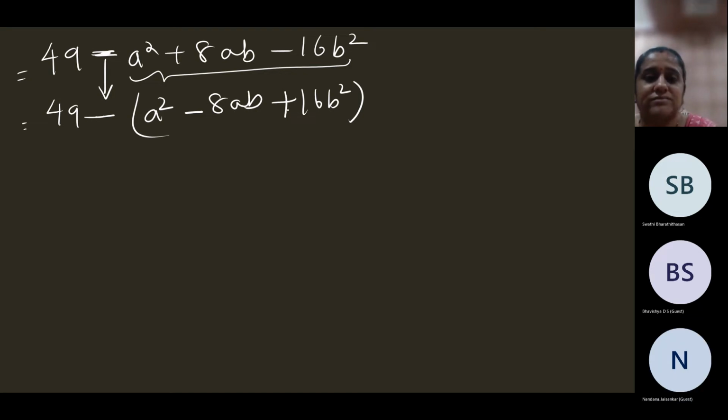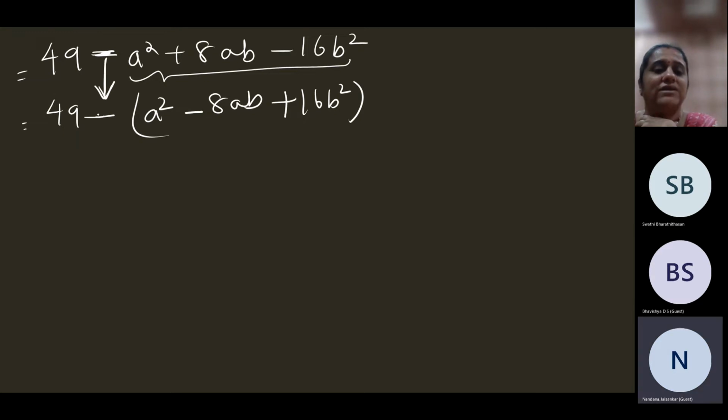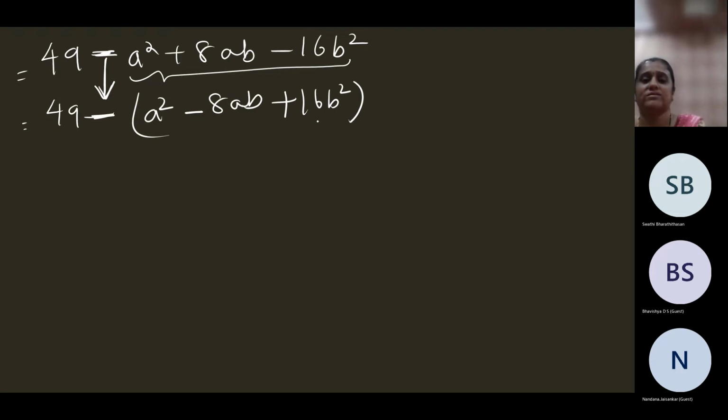Is this step understood, children? Yes, ma'am. You should see this minus comes down as it is. You will have to enclose these three terms in a bracket. So minus a square, minus into minus plus 8ab, minus into plus minus 16b square.